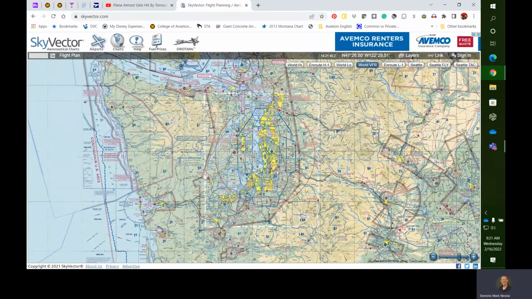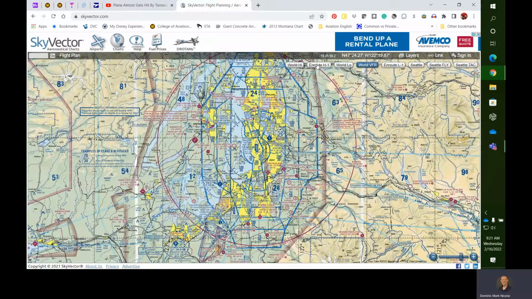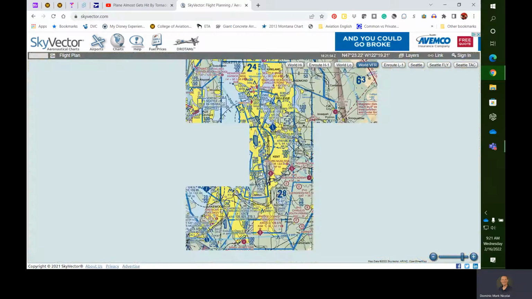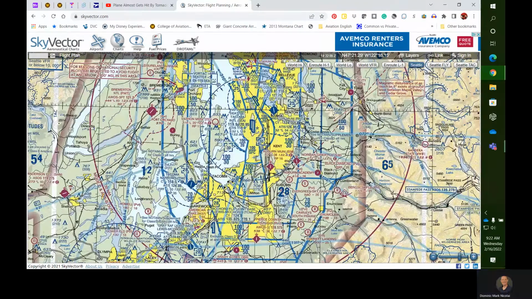Nice thing about SkyVector, all of your charts, VFR, IFR charts are right up here. If you're on the sectional chart, this would be Seattle. I may or may not see the different flyways that they have on there. Sometimes there's too much detail on here.